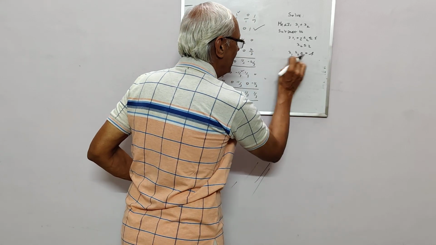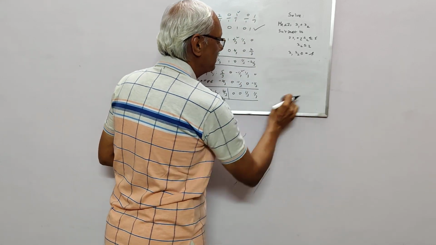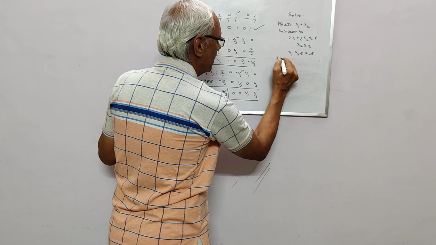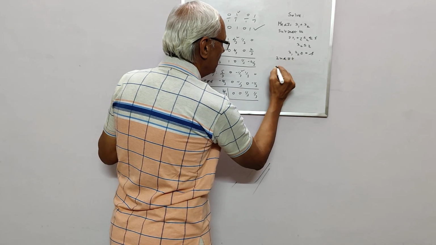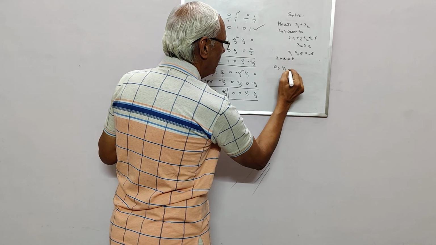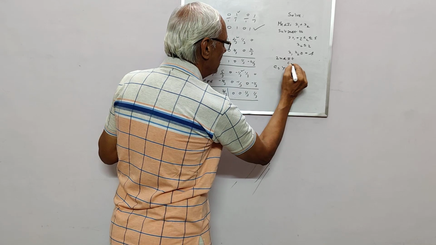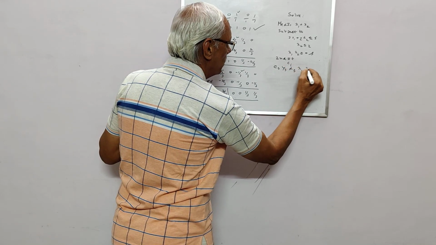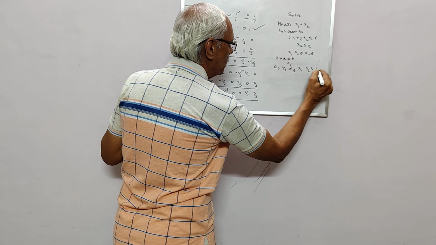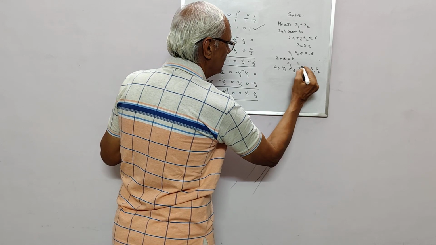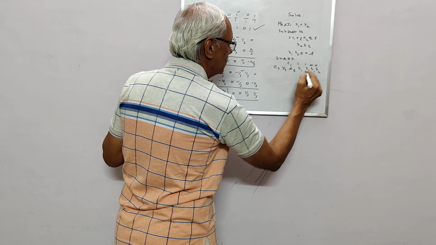So this second iteration I am writing here. What is my second iteration? CB, YB, XB, Cj, X1, X2, S1 and S2, and this is 1, 1, 0, 0.